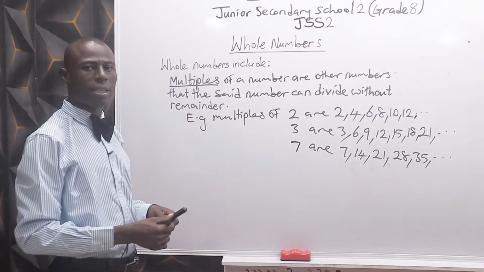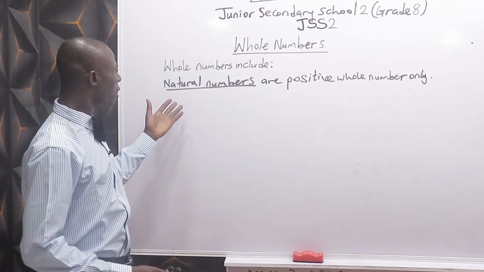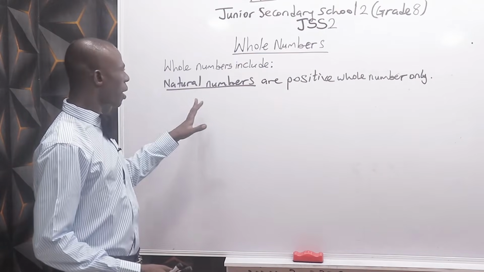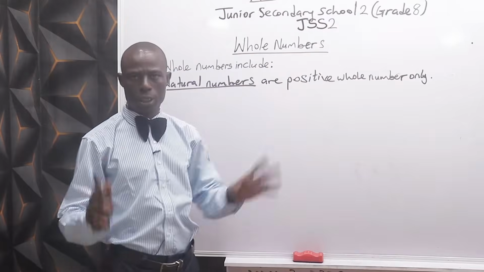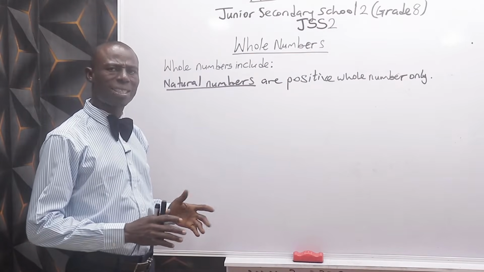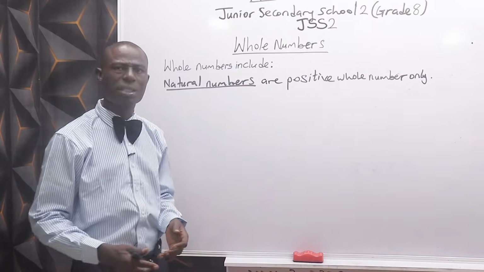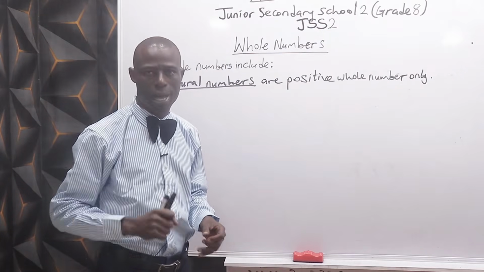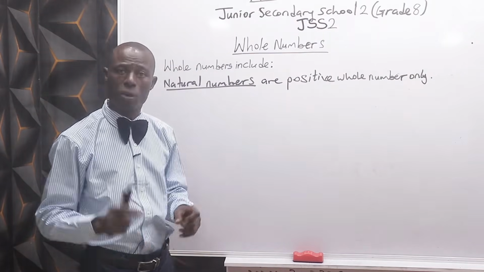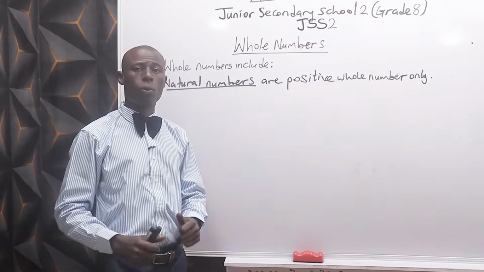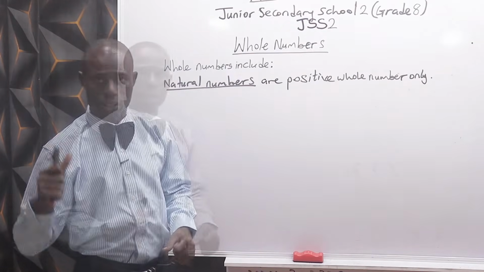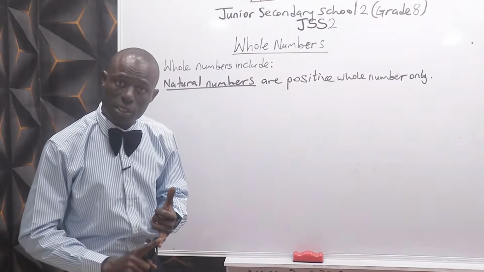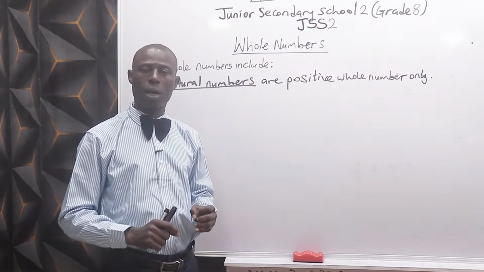Let's move to the next concept. Let's consider natural numbers. Natural numbers are positive whole numbers only. Or we say natural numbers are counting numbers. The numbers a child counted at the early stage of life. No child counted negative or 0 at the early stage of life. In the years when we were using slates, there was no negative number on the slate, no 0 as a number on the slate.